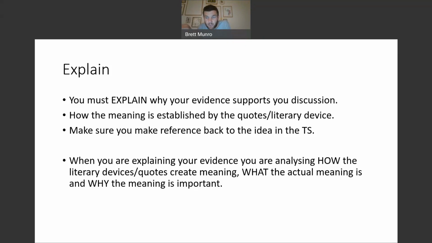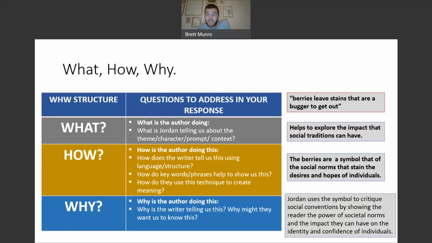That's how you connect it into the real world. It's important because it critiques gender roles. Tony Jordan is critiquing gender roles within society. That is something that doesn't just occur within the text, but also occurs within the real world. And that is the why section. It's that next level of analysis. It's actually called evaluation.